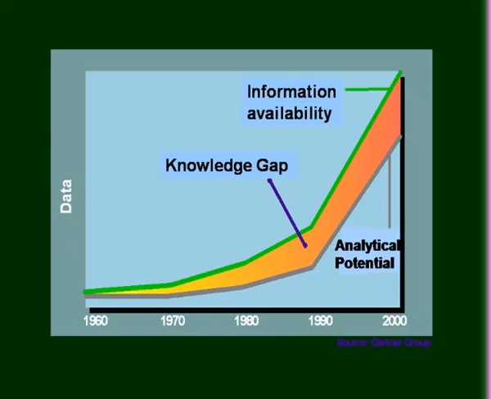So that means during the late 60s, there were no analytical questions. But today, because of large availability of the data, there are a lot of demand-oriented questions, which we cannot answer using traditional database power.